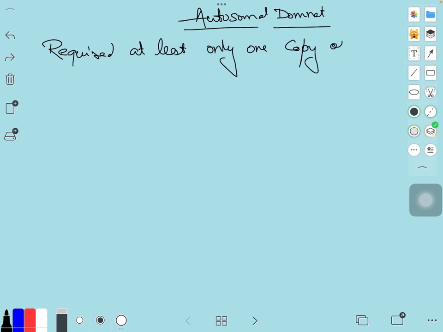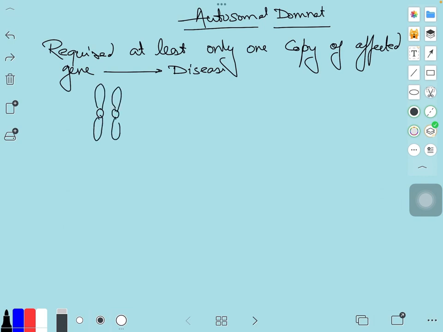One copy of the affected gene which will cause the disease. Very easy, right? Let's try to understand it in much more detail. Let's say this is one autosome, and let's say this is male.